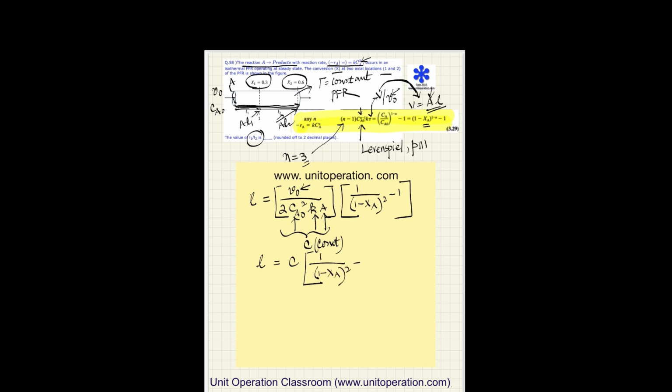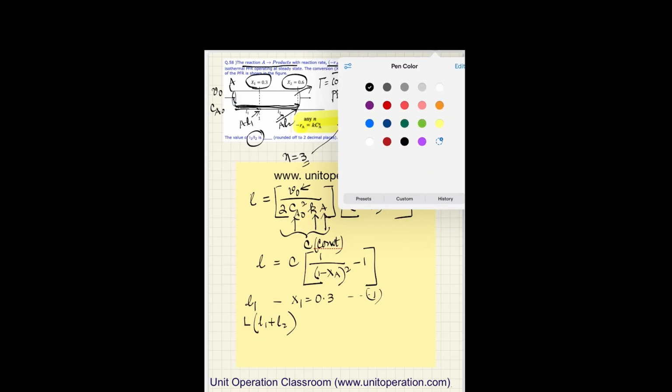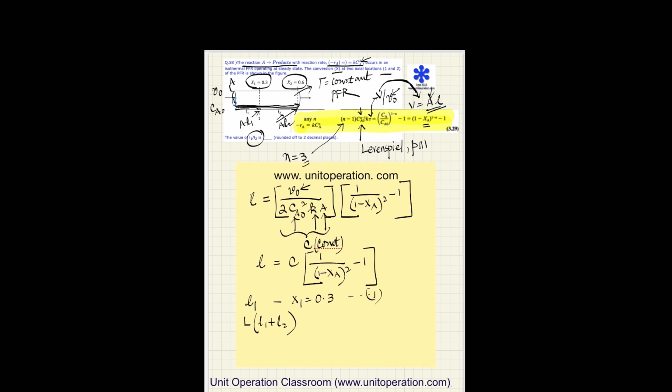Now, two data are given. At L1, we have X1 equal to 0.3. That's one equation. And the second equation at L, which is of course L1 plus L2, because up to this point, let me just show you, this is L1, and from here to here, this is L2.